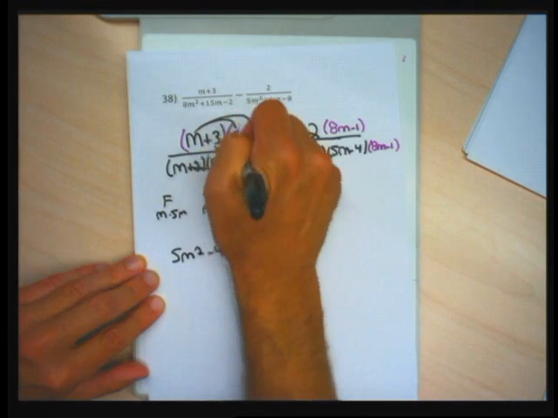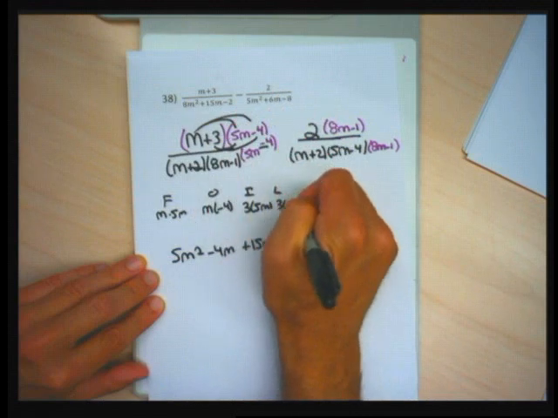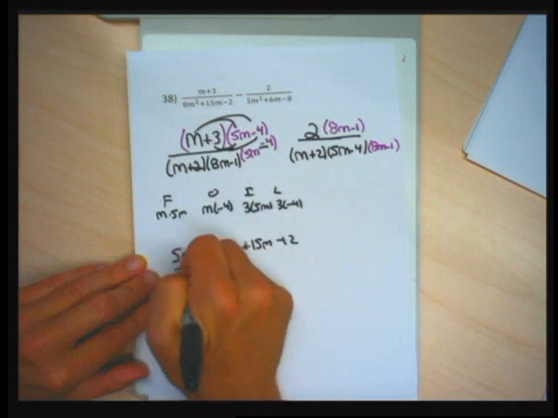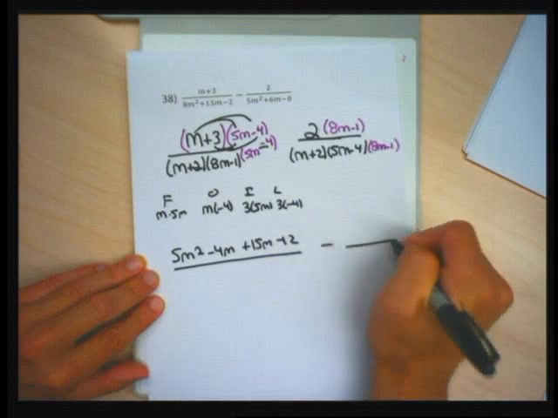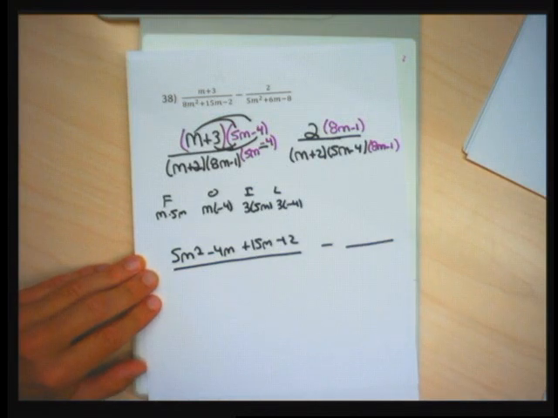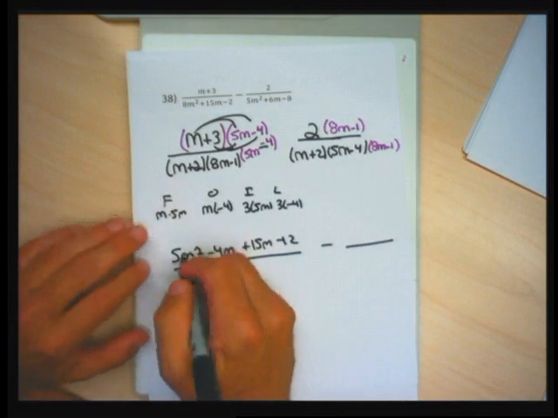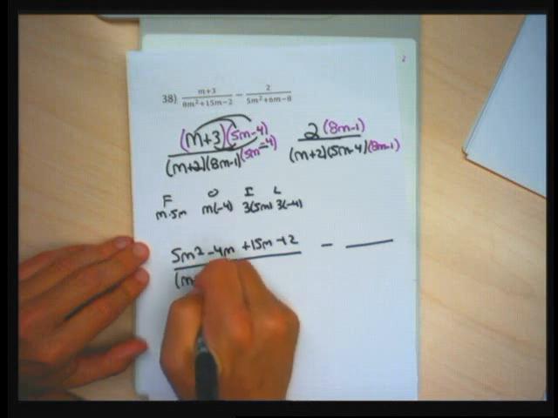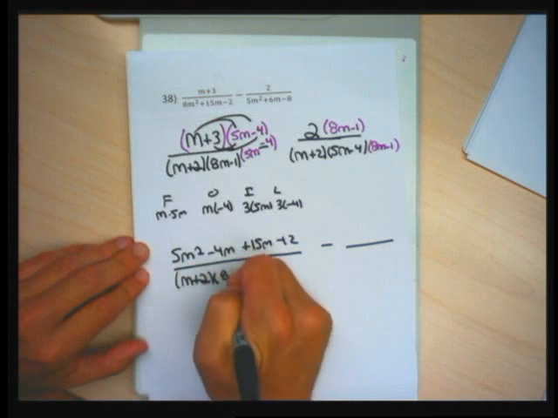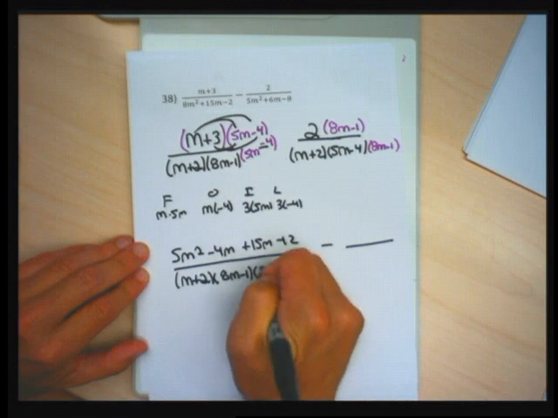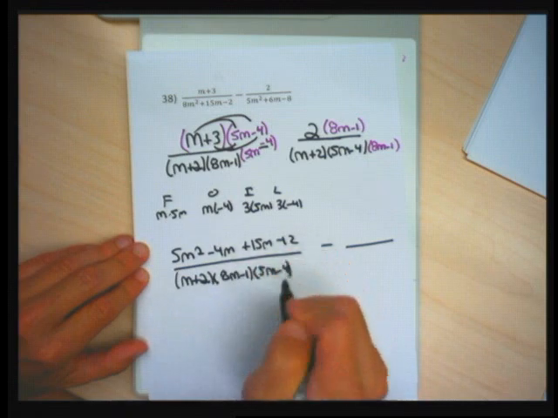And then lasts 3 times minus 4 and get minus 12. So that's my numerator. I'm going to write the denominator just in the order that it's in. M plus 2 times 8m minus 1 times 5m minus 4.